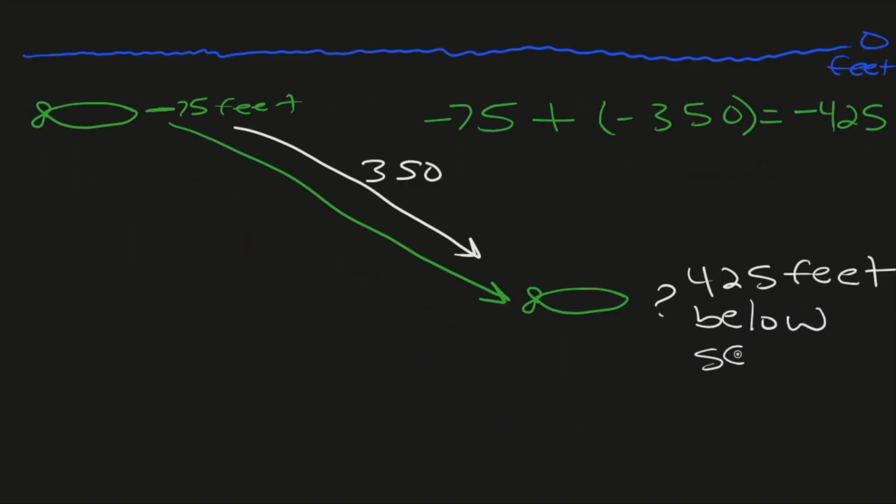The reason I changed it to 425 is because distance cannot be negative.